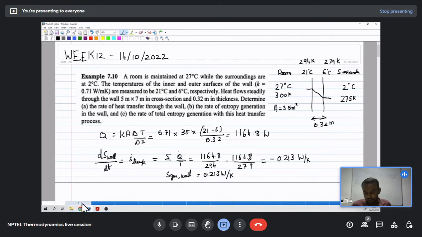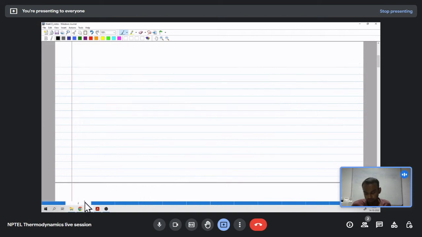Similarly, I can calculate the total entropy generation. That is given by dS/dt total, the same Q by T, and we have 1164.8 divided by the room temperature. The room temperature is 300 Kelvin, and the heat transfer to the ambient or the environment occurs at 2 degrees Celsius, which is 275 Kelvin.